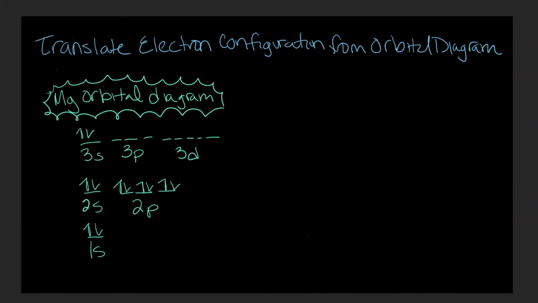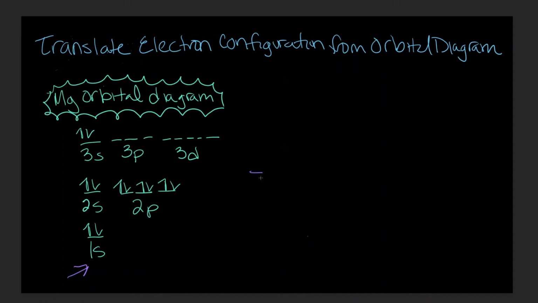So now let's practice translating an electron configuration from an orbital diagram. Again, you can see the magnesium orbital diagram that we started with at the beginning of this video found to our left. Now all we're going to be doing is simply taking what we see in our orbital diagram and translating that into an electron configuration. So we would start at our lowest energy level, which is our 1s, and continue all the way up through the top.